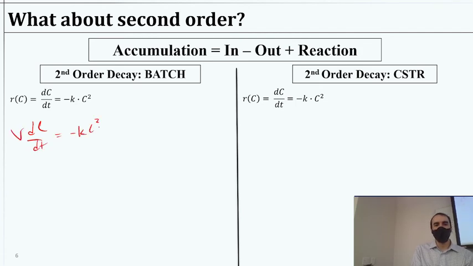Again, we could put the volume on both sides here. For a batch case, that disappears. And we're left with an integral of dc over c squared equals minus k times dt. And that's where I'm telling you, I'm not going to ask you to remember that integral or how to apply that to anything in that regard or more complex.